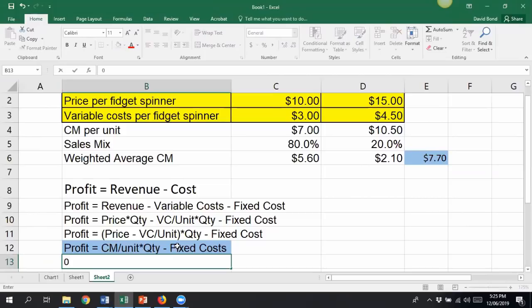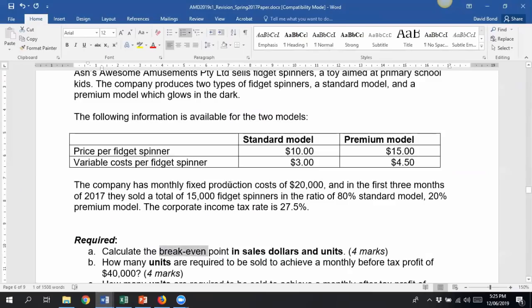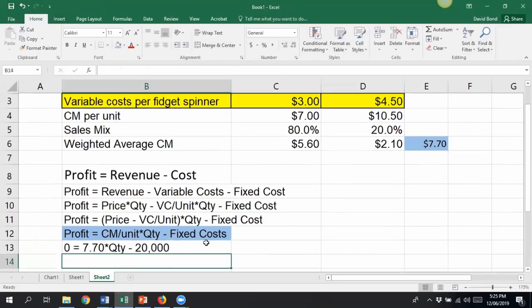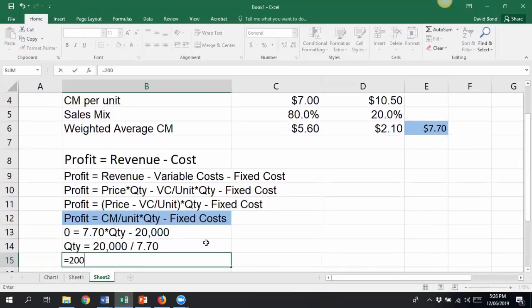So profit is 0, and we just start replacing the variables. 0 profit equals $7.70 times quantity, which is the unknown, minus fixed costs, and fixed cost is $20,000 monthly. So quantity equals 20,000 divided by 7.70.